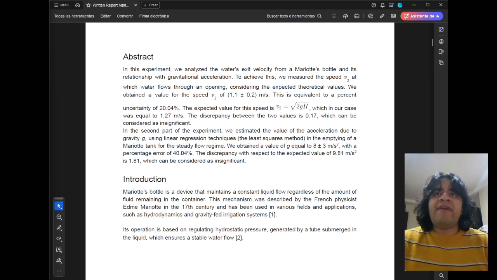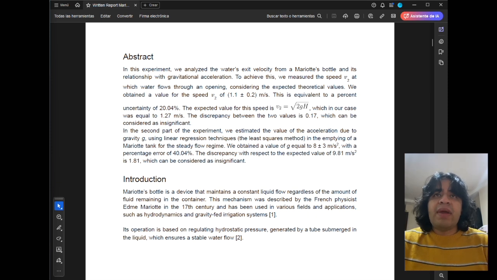The experimental value that we obtained for velocity 2 was 1.1 plus minus 0.2, which was close enough to the expected theoretical value of 1.27 meters per second, showing that there was an insignificant discrepancy between both values.